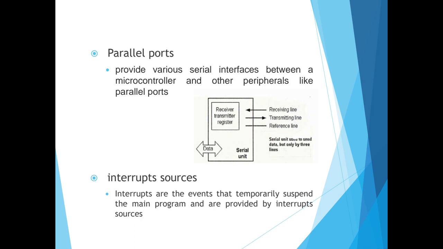The other components are called parallel ports. They provide various interfaces between the microcontroller and other peripherals. As you see in the figure, we have interfacing with one of the peripherals of the microcontroller.